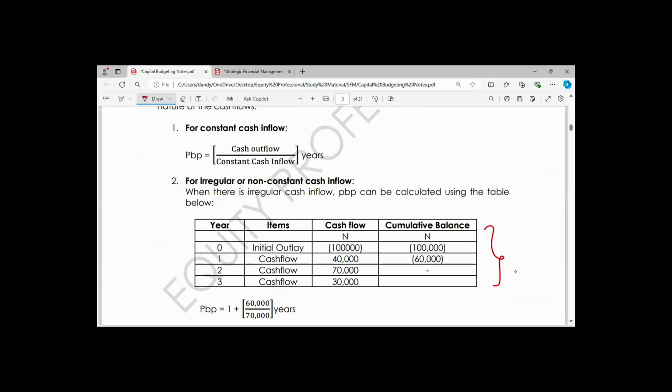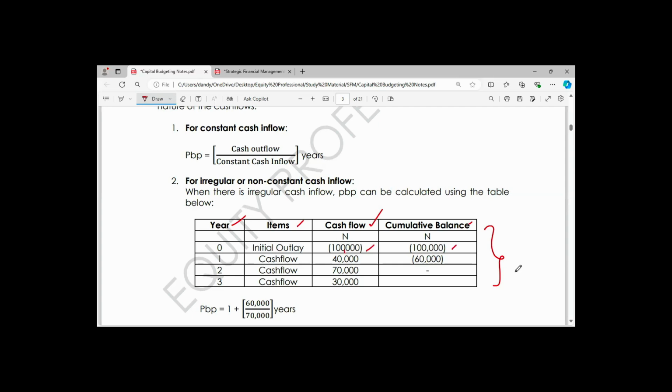So you create a column for year, you create a column for description of item if necessary, you create a column for cash flows, then you have your balance. You can call it cumulative or you call it balance. So you start from year 0. The one you have in the brackets is the cash outflow. This is the initial outlay that you want to invest in the project, which will also go under balance.